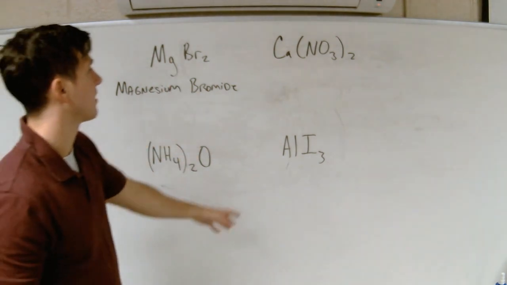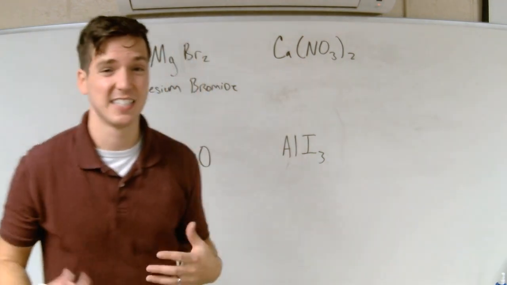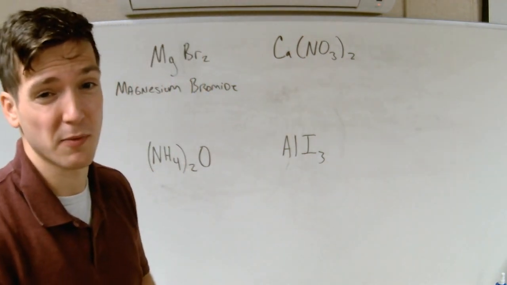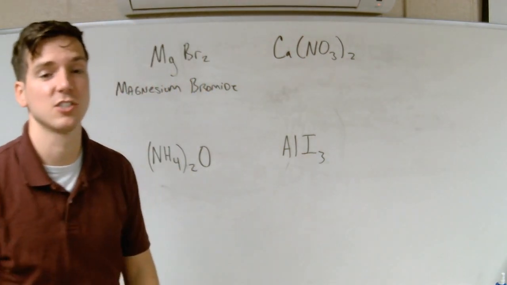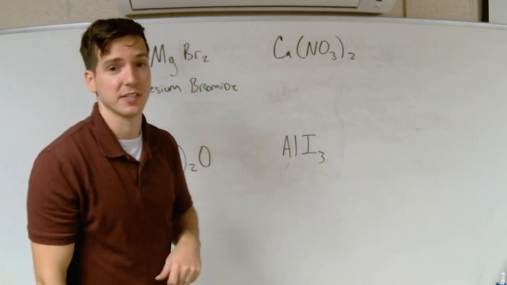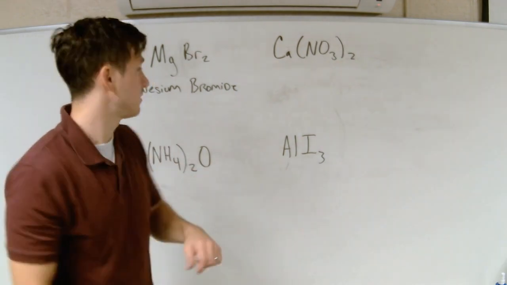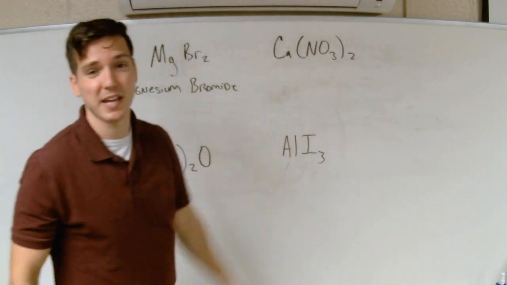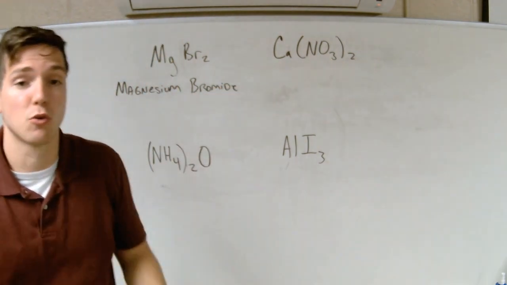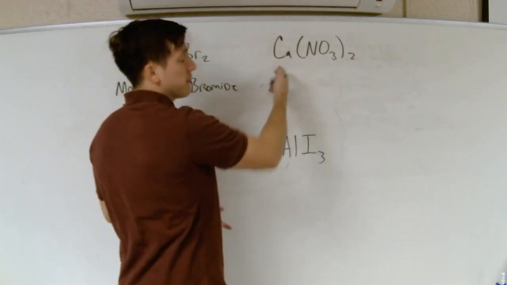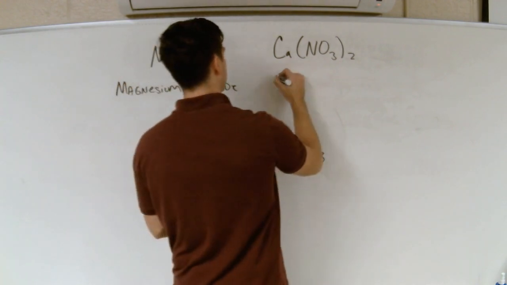The next one, I look at this guy, and you're starting to see that there's more than 2 elements here. There's calcium, nitrogen, and oxygen. So this has got to be a polyatomic ion. This looks like the polyatomic ion because it's in parentheses. So we just state that first element, which is calcium.